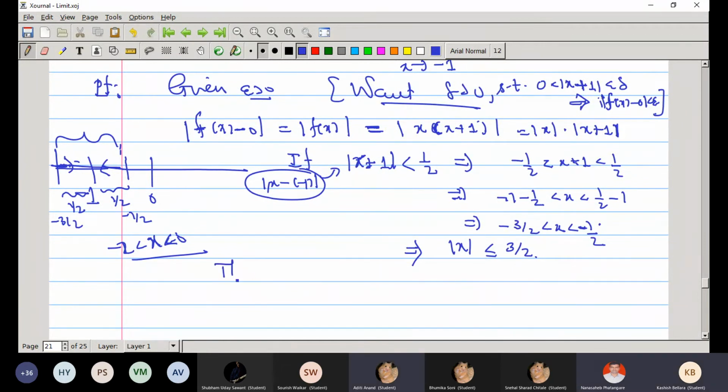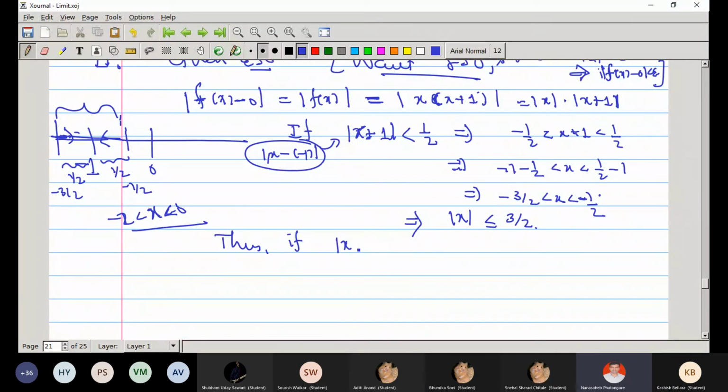Yes, sir. Thus, if I put a control on x so that its distance from minus 1 is less than half, then the absolute value of x is less than or equal to 3 by 2, and hence under this control f of x minus 0, which is absolute value of x into x plus 1, is less than 3 by 2 times the absolute value of x plus 1.